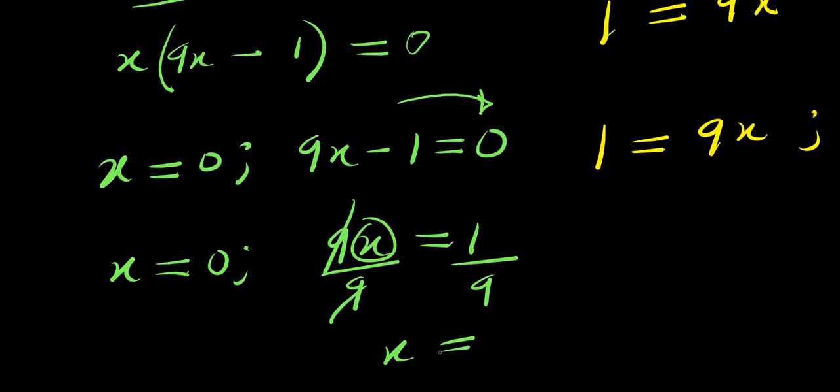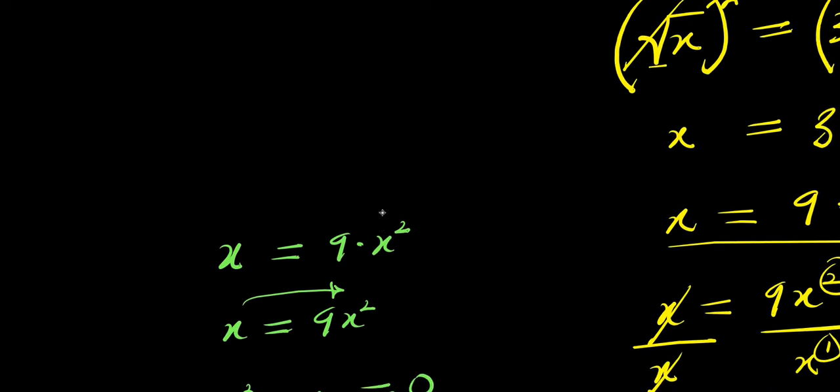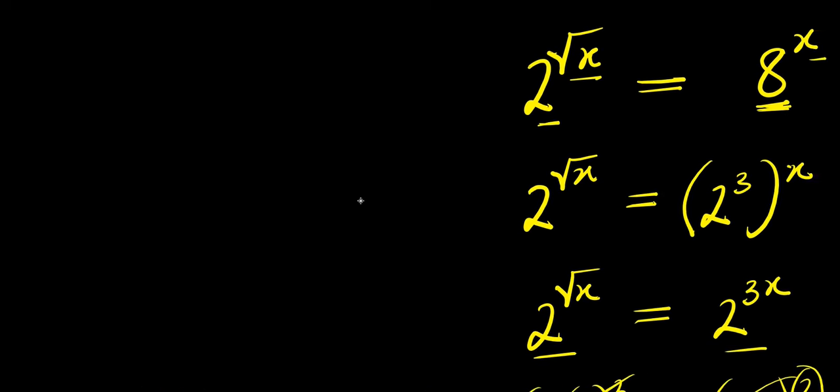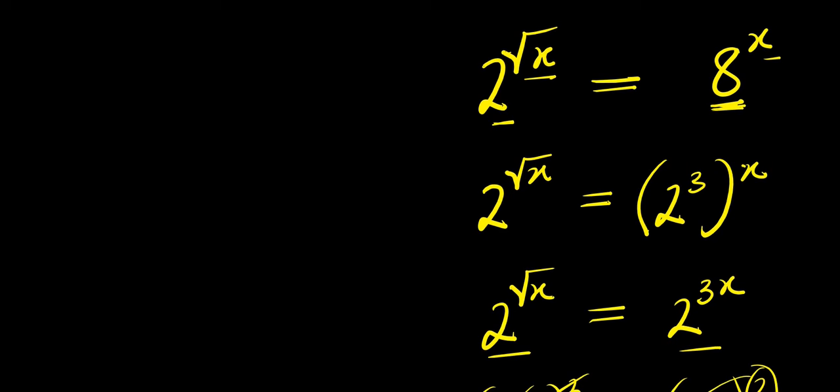I have x equals 1 over 9. So this other method is giving us two solutions, which are 0 and 1 over 9. That is another way of solving it to get multiple solutions. Now, at this point, we can write our solution, which are x equals 0 and x equals 1 over 9.